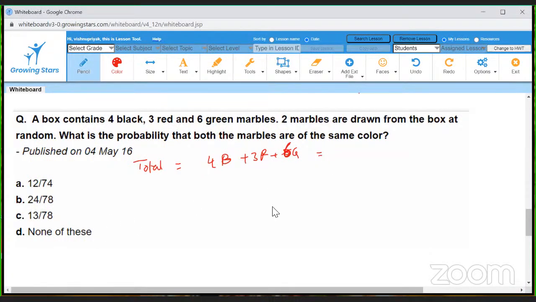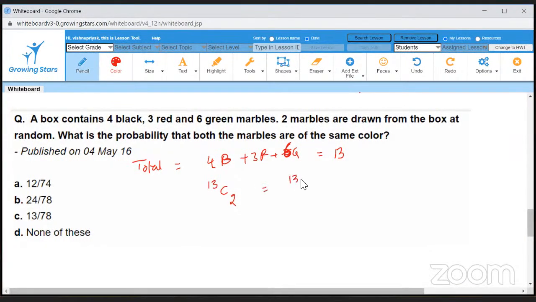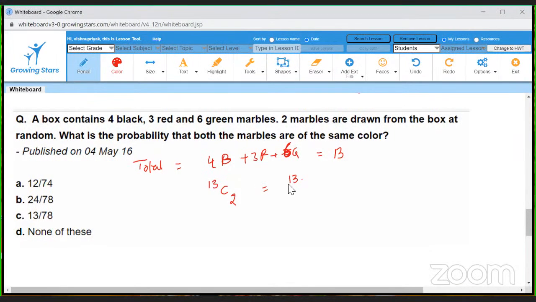So a total of 13 marbles are there in the box. Now 2 marbles are drawn. From 13, we are selecting 2, no condition. Start with 13, take two numbers, 13 and 12, divide by 2 factorial, 2 sixes are 12. So 78 ways are there.